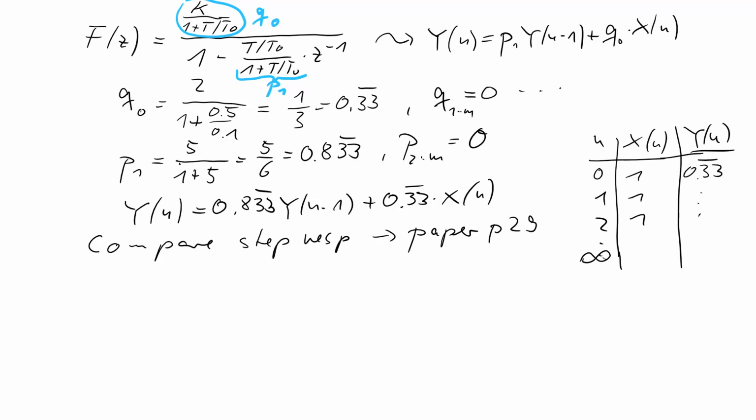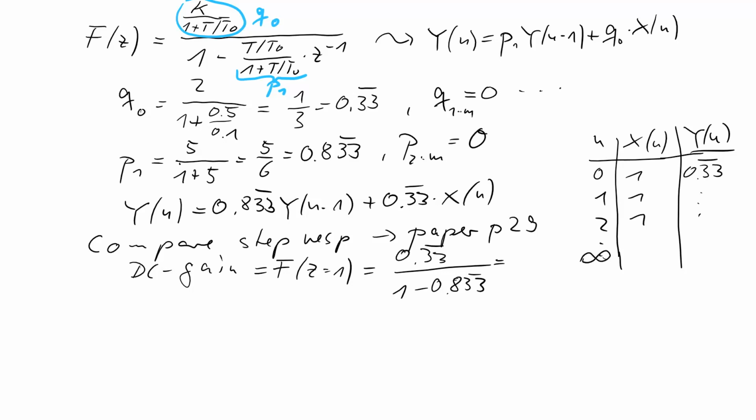And the DC value, the DC gain, is f of z with z equal to 1. This is q0, 0.33 repeated divided by 1 minus 0.833 repeated, or 1/3 divided by 1 minus 5 divided by 6.